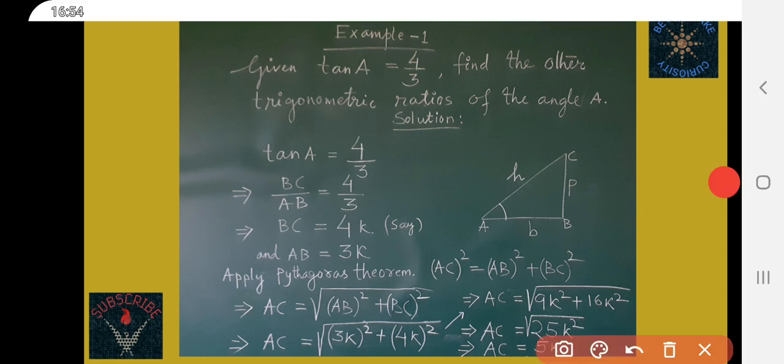See, example 1. Given tan A equal to 4 by 3, find the other trigonometric ratios of the angle A. So you know here given is tan A equal to 4 by 3 and you draw a right angle triangle here and you are finding the trigonometric ratios for angle A. So here we have to find the base, perpendicular and hypotenuse.